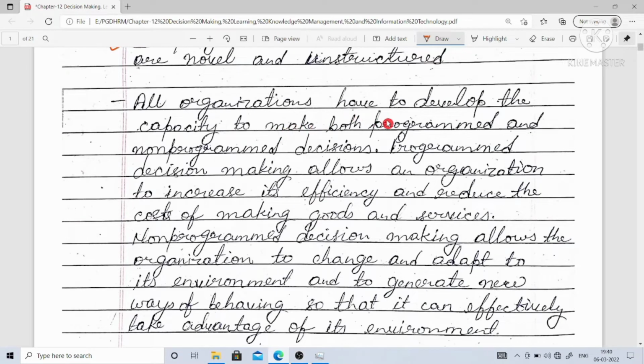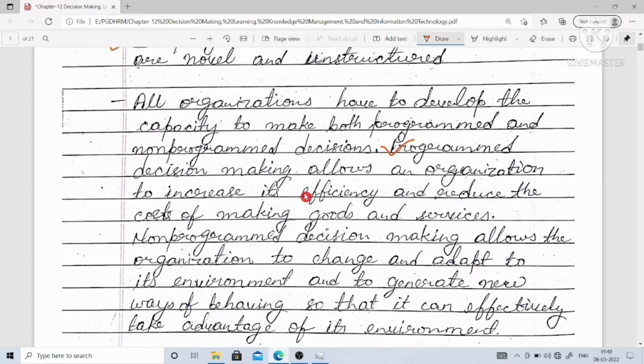All organizations have to develop the capacity to make both programmed and non-programmed decisions. Programmed decision making allows an organization to increase its efficiency and reduce the cost of making goods and services. So what is the importance of programmed decision making?